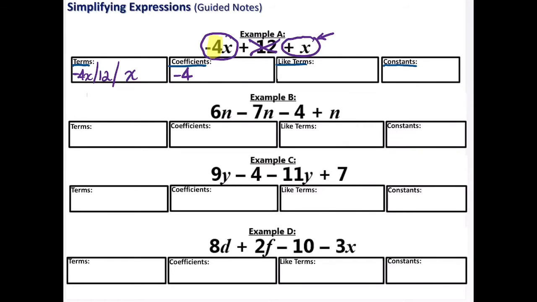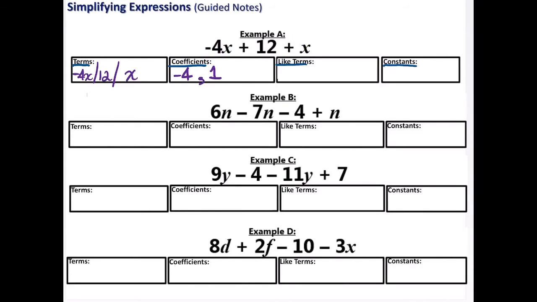When you have just a lone variable, one thing you might hear your math teacher say a lot is that there are a lot of invisible ones in math. This is one of those instances where there's an invisible 1 in front of that x. You can always by default put a 1 there. The other coefficient in this expression is 1. The only coefficients in this problem were there.